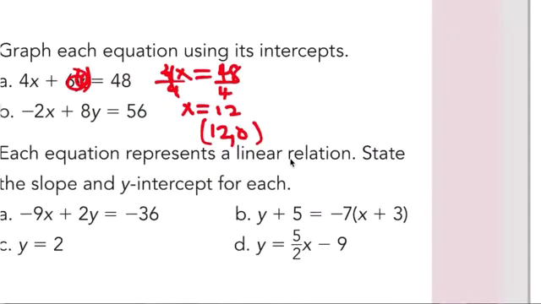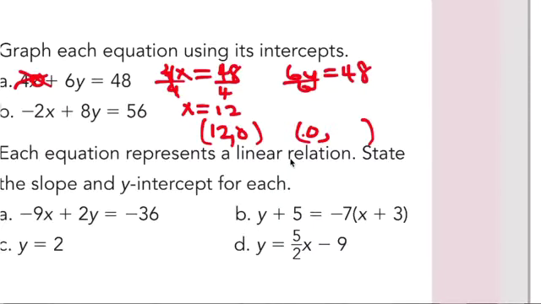And then finding the y-intercept, in a y-intercept we have 0, whatever, right? So if x is 0, we can cover that. 6y equals 48. Y then is 8.